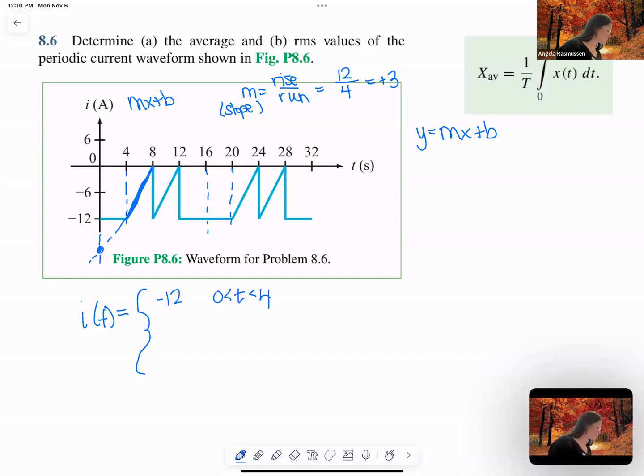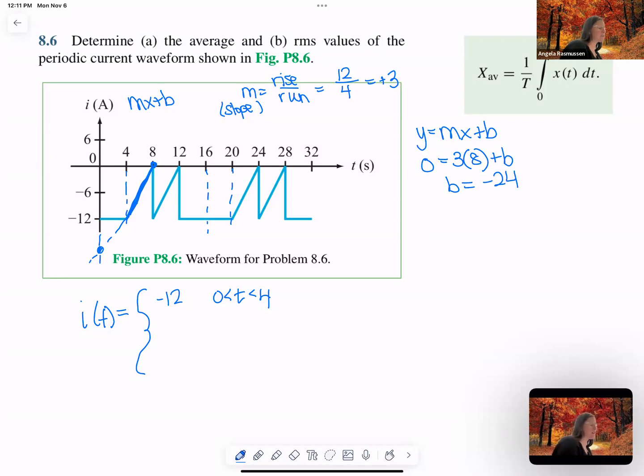I know at x equals 0, y will be 0, and then I know the slope, and x is going to be at 8. So this gives me that b is minus 24.